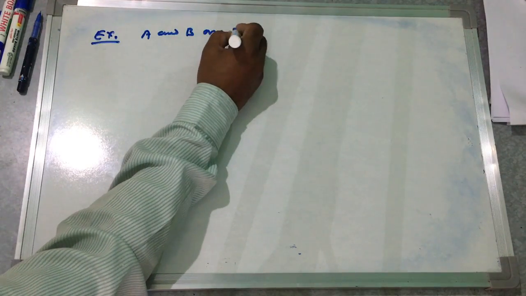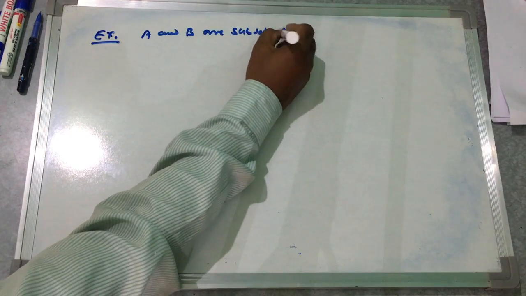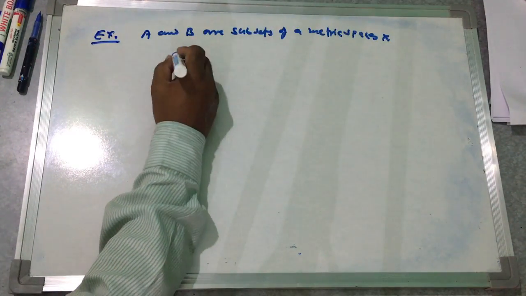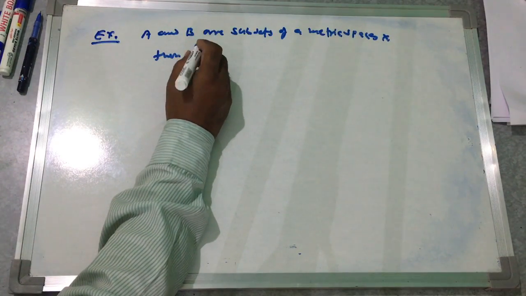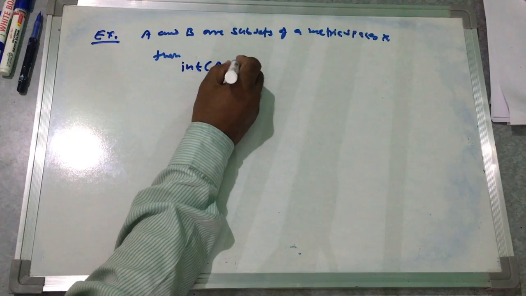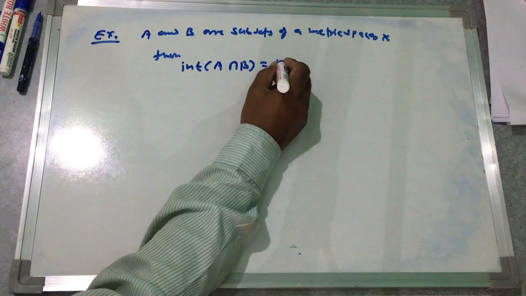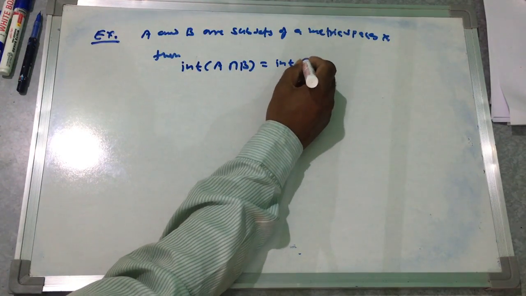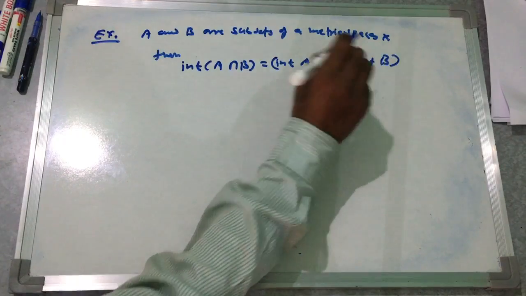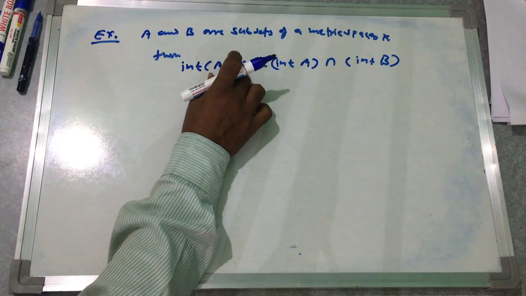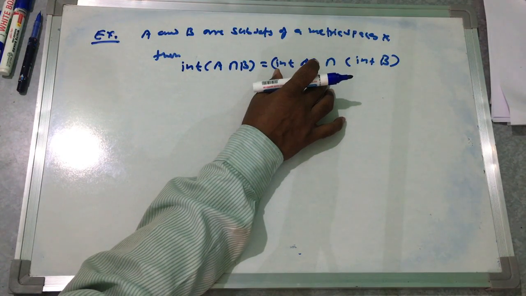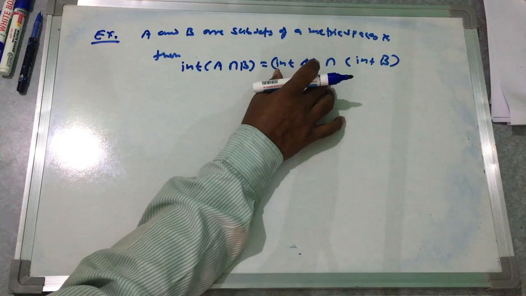A and B are subsets of a metric space X. Then we have the result: the interior of (A intersection B) is equal to the interior of A intersection the interior of B. A and B are subsets of a metric space, then we have this result.